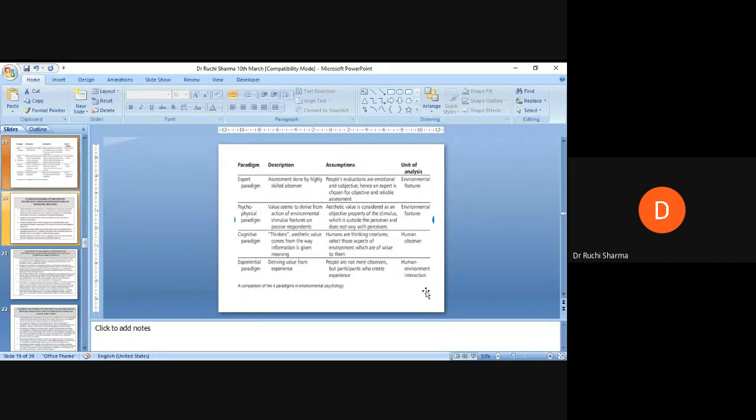Here, the value seems to derive from the action of environmental stimulus features on passive respondents. The assumption which lies beneath this paradigm is that aesthetic value is considered an objective property of the stimulus, which is outside the perceiver and does not vary with the perceiver. So here also the unit of analysis is environmental features.